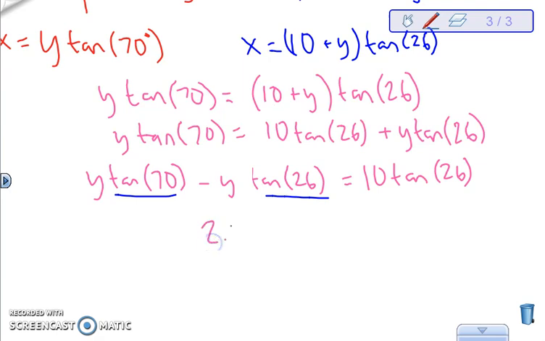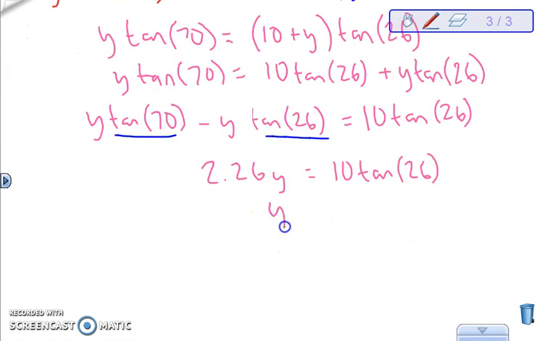So we can say 2.26y equals 10 tangent of 26. And so of course I can just divide the 2.26 to the other side. So if I take 10 tan 26 divided by 2.26, I get that y equals 2.16.